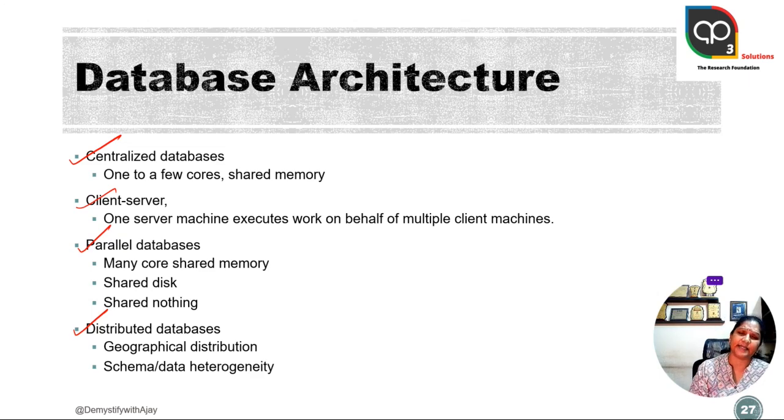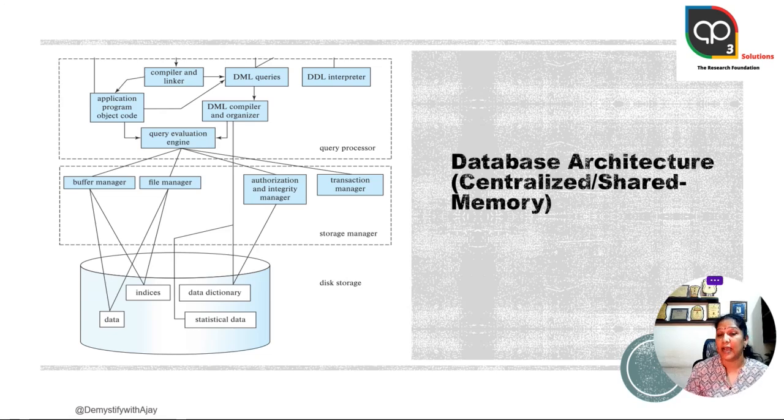And friends, each architecture has trade-offs in complexity, scalability and performance. And here a centralized shared memory system is the simplest type of parallel architecture. Here multiple processors access the same memory space.